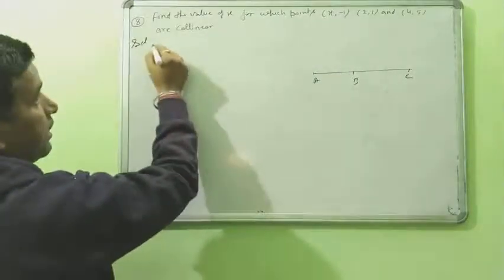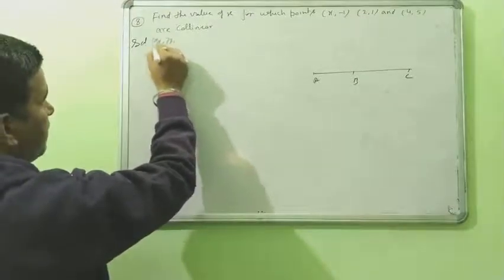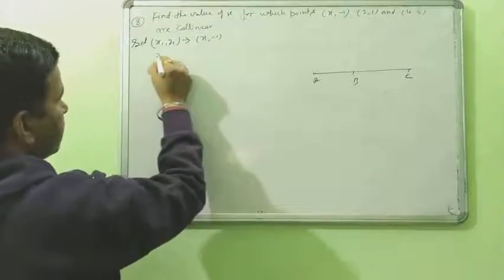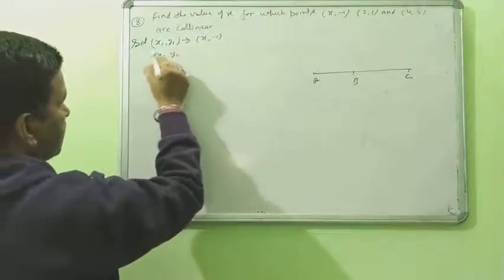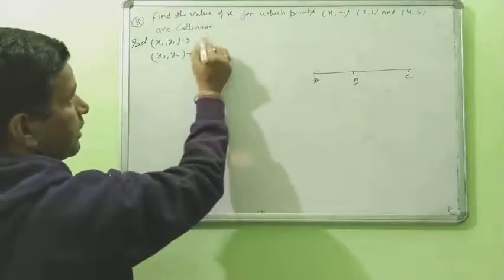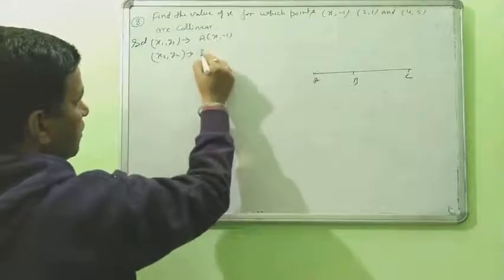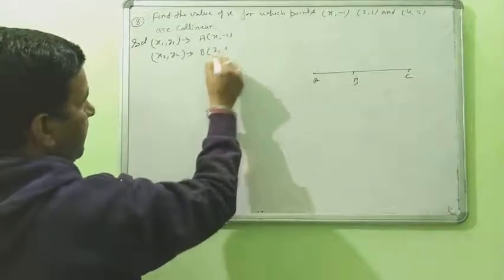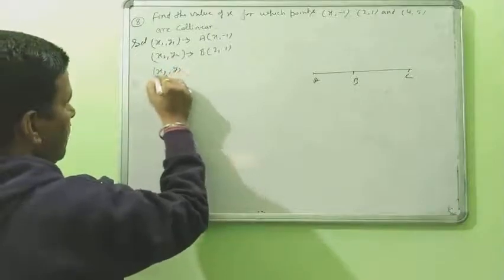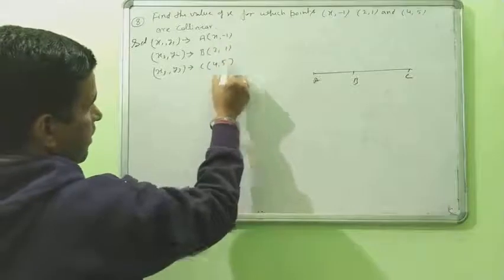First, x1, y1 is indicated here as x minus 1, and x2, y2 here. This is the coordinate of A, and this one is the coordinate of B, and x3, y3 equals the coordinate 4, 5.